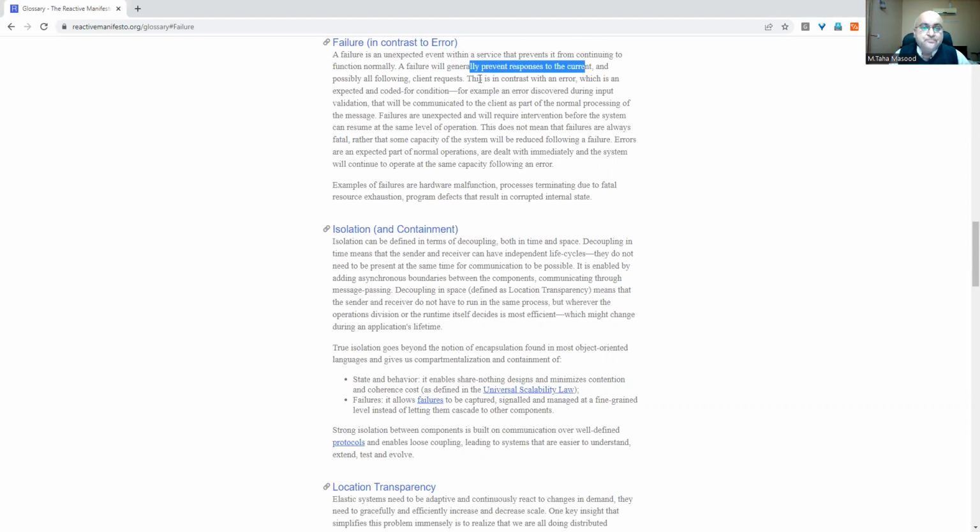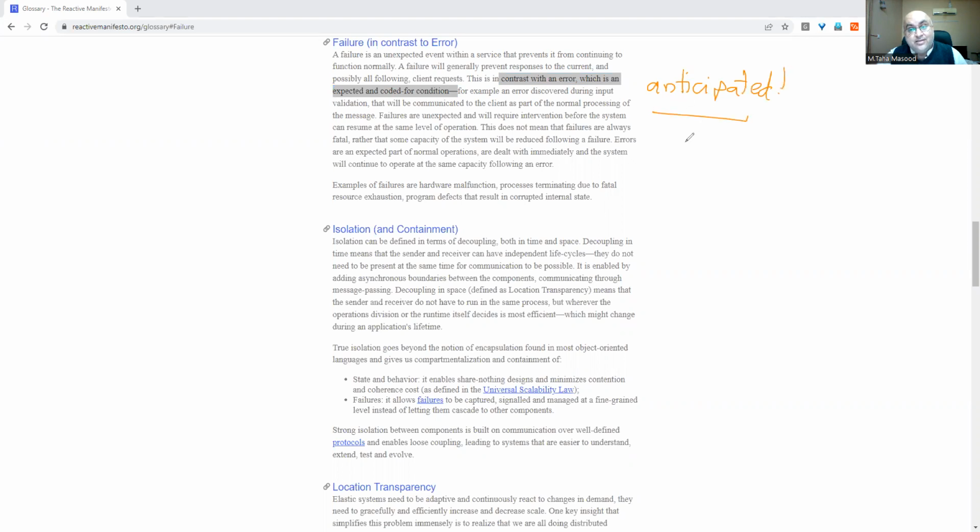Let's see further. This is in contrast with an error, which is an expected and coded for condition, right? So as I mentioned, an error is anticipated, right? If you have coded for it, that means you have already anticipated it.